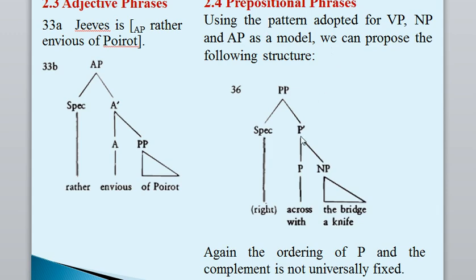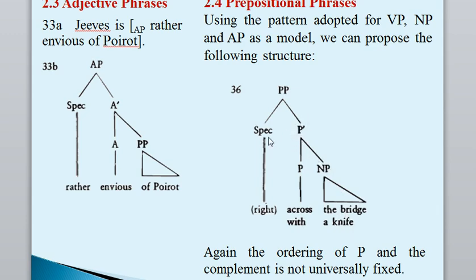Using the pattern adopted for VP, NP, and AP as a model, we can propose the following structure. Again, here is an example: right across the bridge, or with a knife. The head, the preposition like across or with, combined with the NP complement like the bridge or a knife, composes a P1 bar.